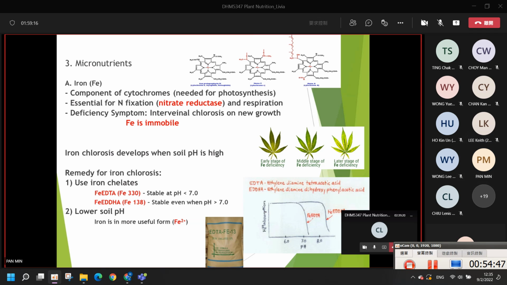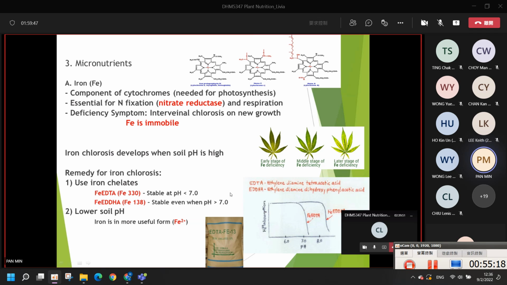We can select different iron fertilizers in the soil under different soil pH, because soil pH affects iron's availability.